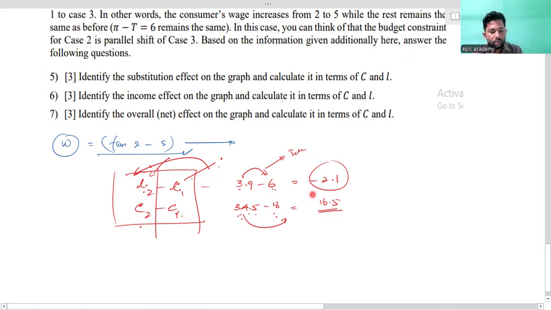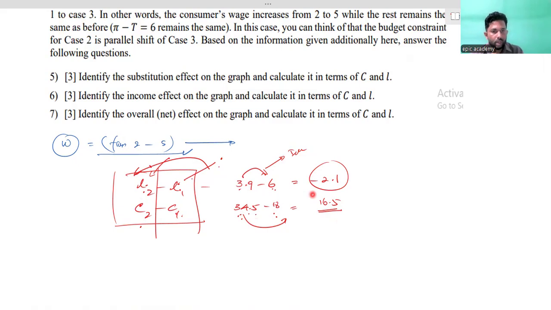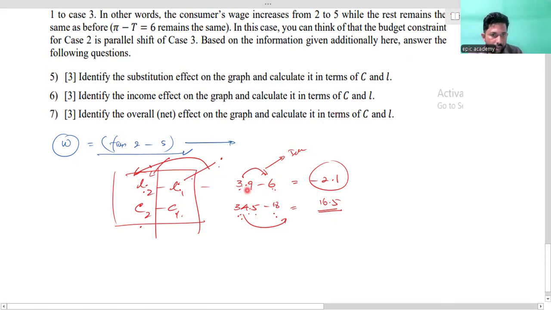It also becomes 2.5, right? So now you can identify that increasing the leisure helps to reduce the consumption. That's the meaning of substitution value. That means 16.5 for the 2.1 change.